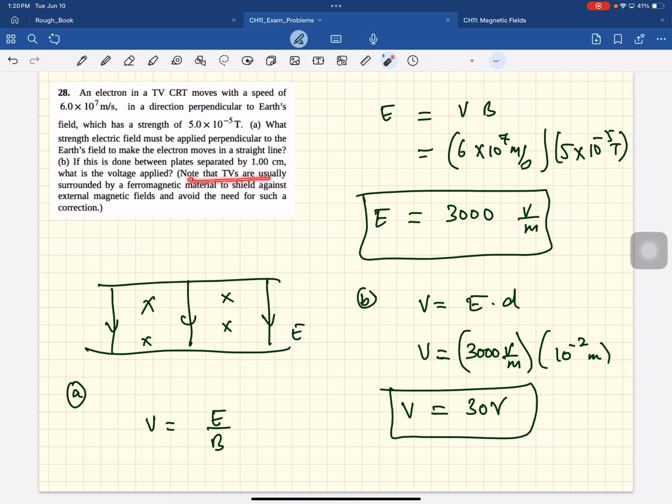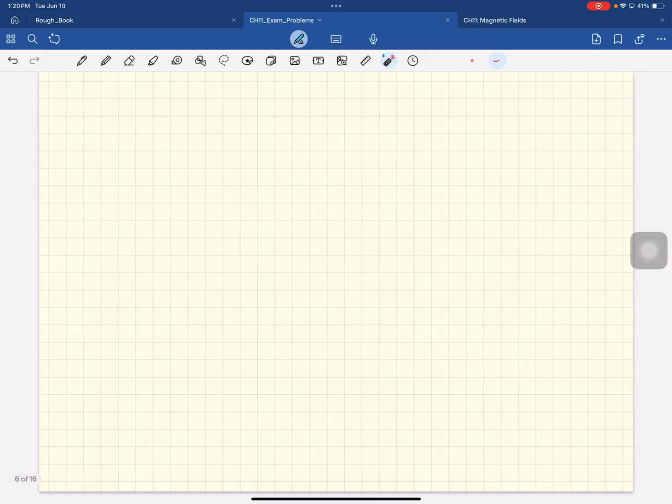Note that TVs are usually surrounded by ferromagnetic materials to shield against external magnetic fields. Remember, what was a Faraday cage?